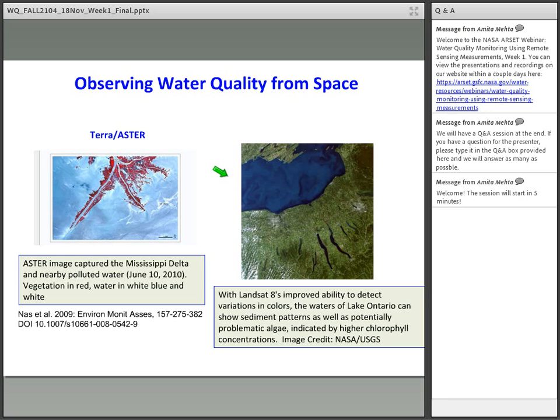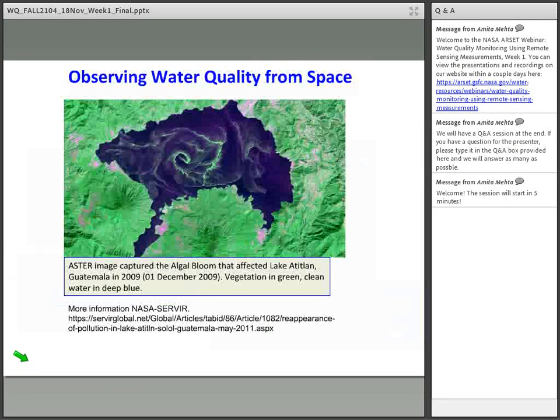Similarly, this is a Landsat 8 image of Lake Ontario, and looking closely at it, it shows the sedimentation pattern within the lake. Just by looking at the image, it is easy to see that water quality or water property is changing within it. And then this can be exploited to derive water quality parameters. This case we will look at in detail in our last week, and this is a lake in Guatemala.